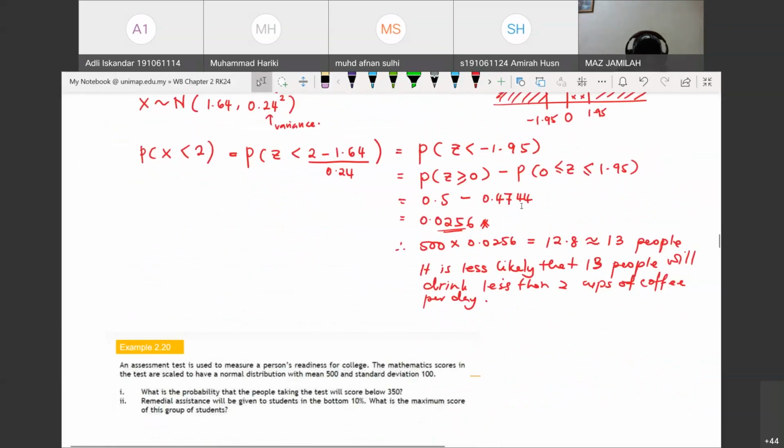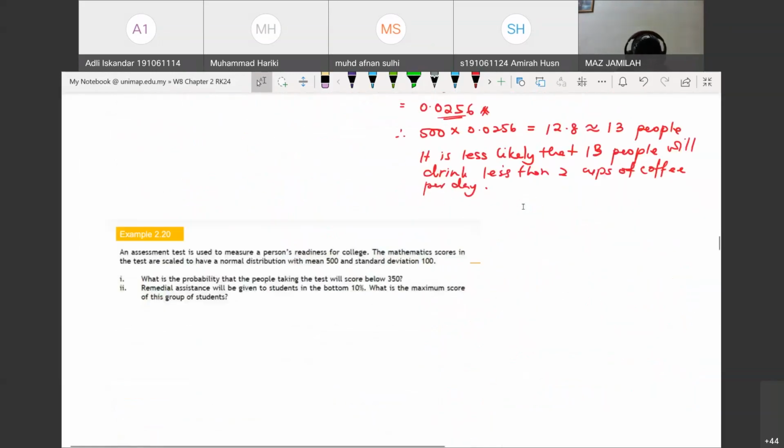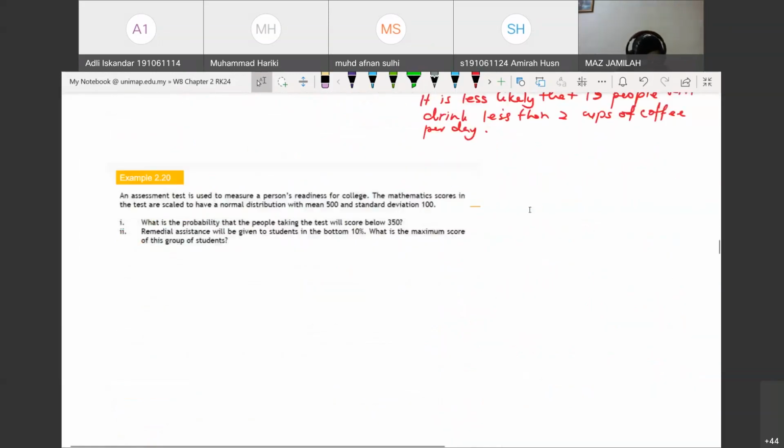Okay, so for example 2.20. An assessment test is used to measure a person's readiness for college. The mathematics scores in the test are scaled to have a normal distribution with mean 500 and standard deviation of 100. Now, for this example, it will involve upper-tail questions.